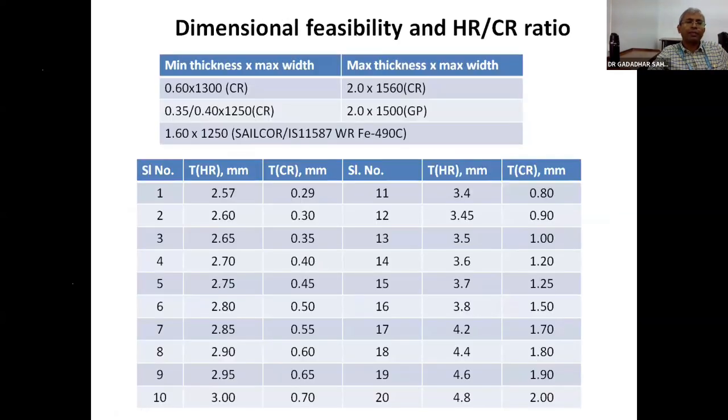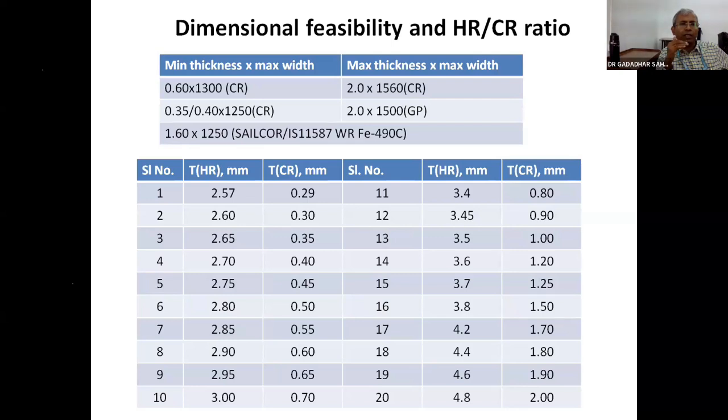Then dimensional feasibility. You will see what the minimum thickness and maximum width were. In our CRM3 we have produced 0.6 mm minimum thickness with a maximum width of 1300 mm. Also, if you see, the width will further narrow to 1250 as we go to thickness 0.4 and 0.35, which have also been produced.